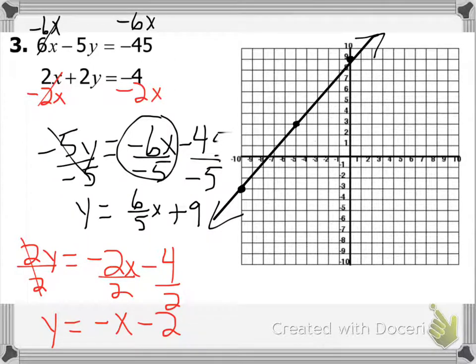What's my y-intercept? Negative 2. And what's my slope? Negative 1, or negative 1 over 1. So I'm going down 1, right 1. Get a lot of points here. I can also go up 1, left 1.